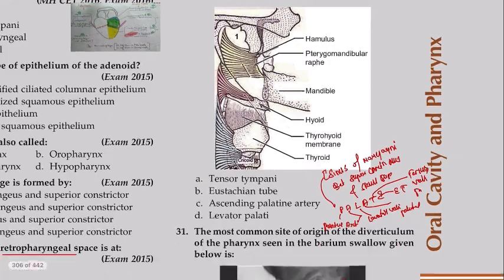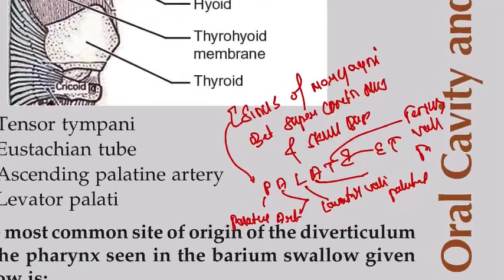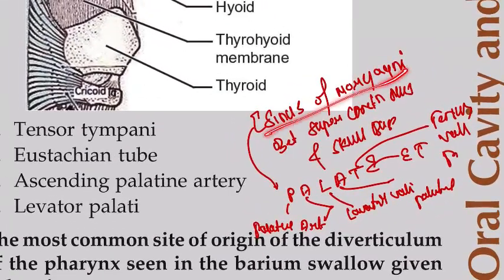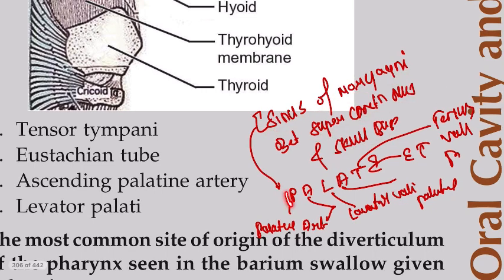Here it is talking about the structures passing through the sinus of Morgagni, between the superior constrictor muscle and skull base. We can remember them with PALATE, right. From P we have palatine artery, from L we have levator veli palatini, and from T we have tensor veli palatini.